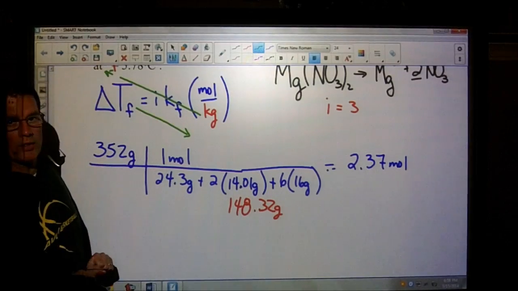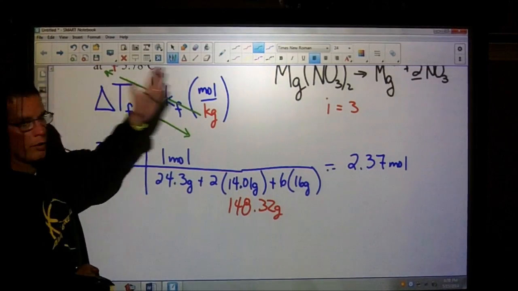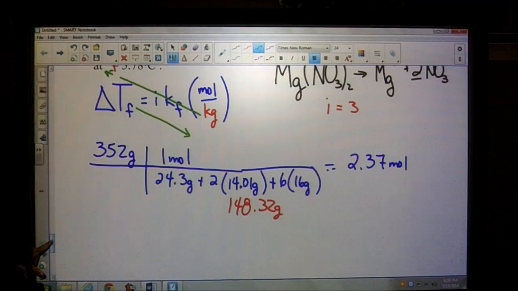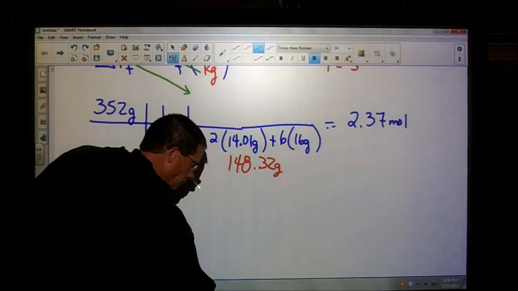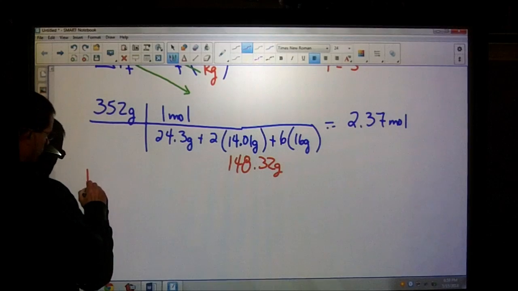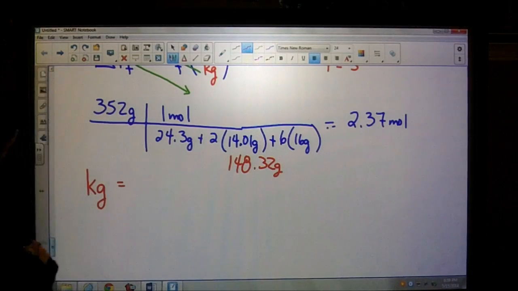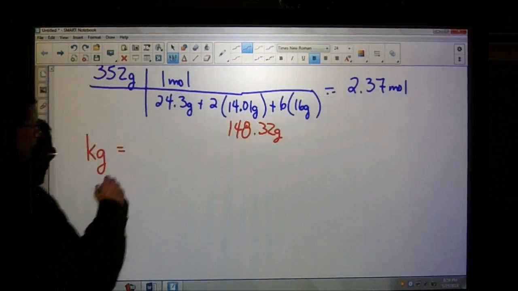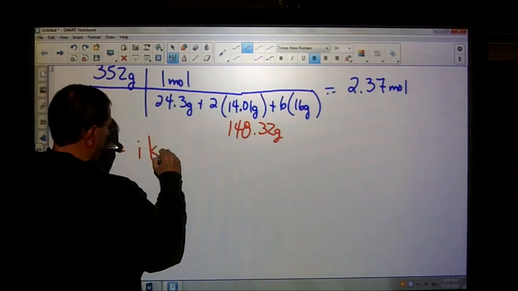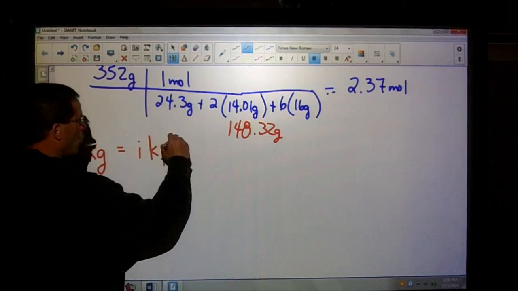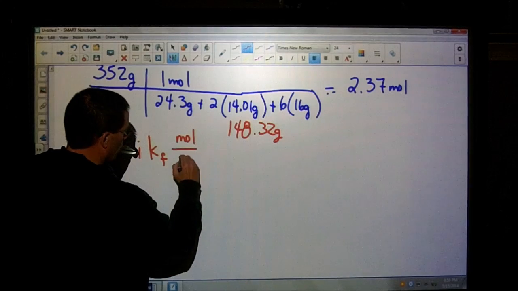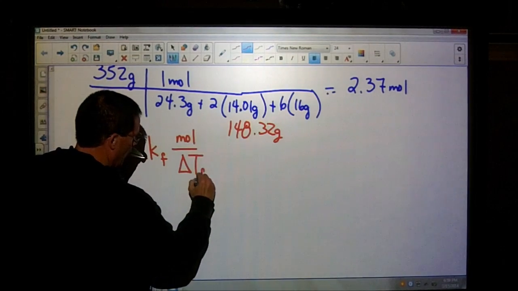I'm dividing my delta Tf on both sides, so it'll cancel out on both sides. So now my equation looks like this. Kilograms is equal to the i, Kf, moles over delta Tf.